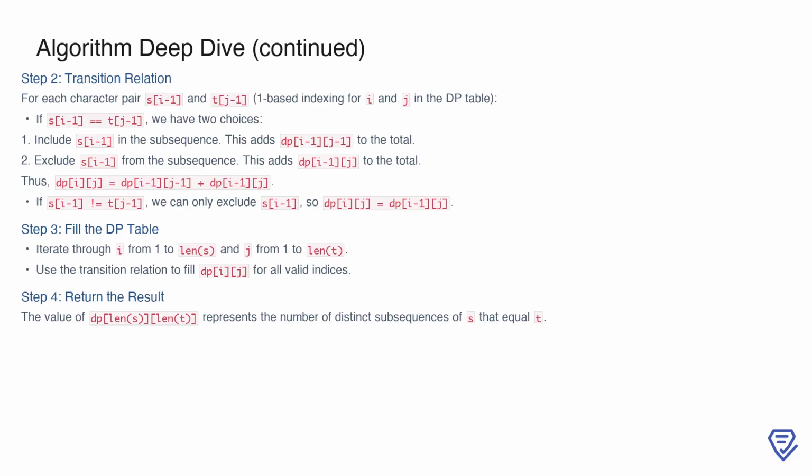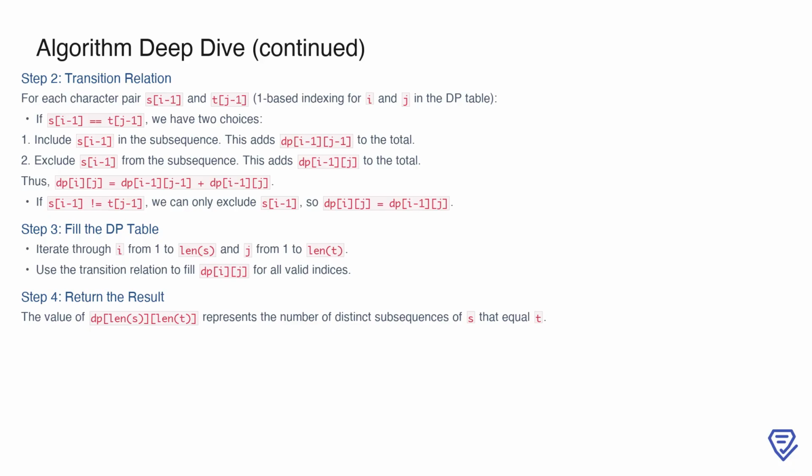Now that we've defined the table, let's discuss the transition relation that helps us fill it. For each character pair S[i-1] and T[j-1], we have two cases. If the characters match, meaning S[i-1] equals T[j-1], we have two options: either include S[i-1] in the subsequence, which contributes DP[i-1][j-1] to the total, or exclude S[i-1], which contributes DP[i-1][j].